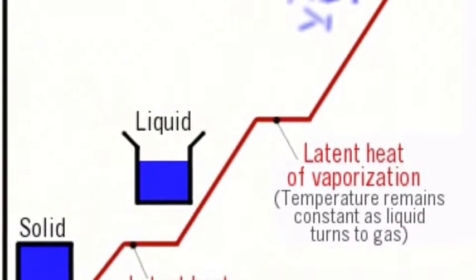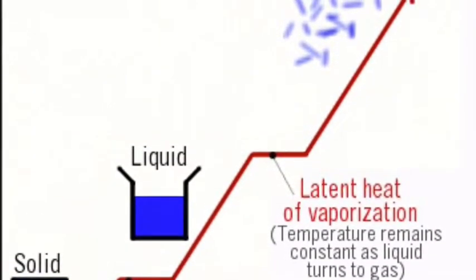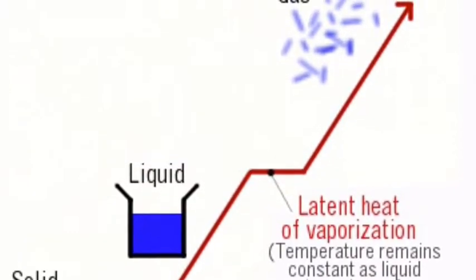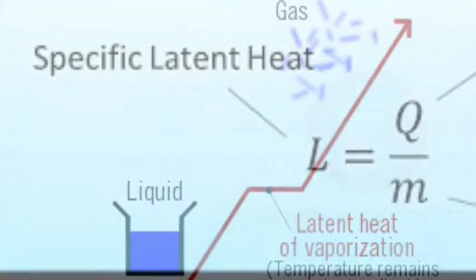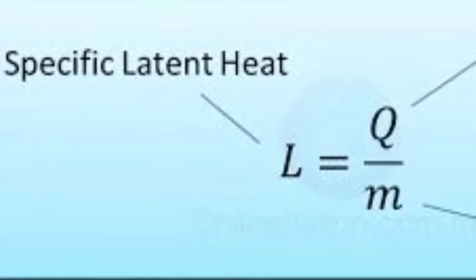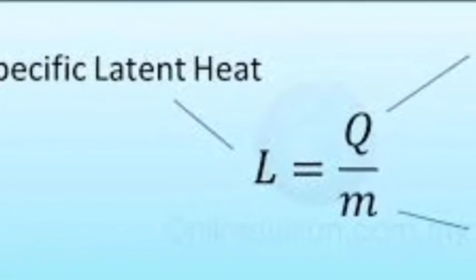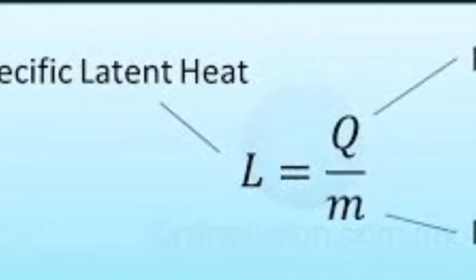It is possible to calculate the latent heat of fusion and vaporization with this formula: Q equals mL, so therefore L equals Q over m, with the units being J per kilogram for L, which is latent heat.